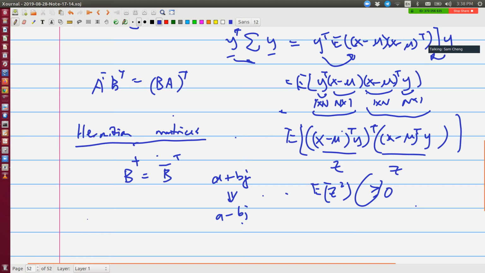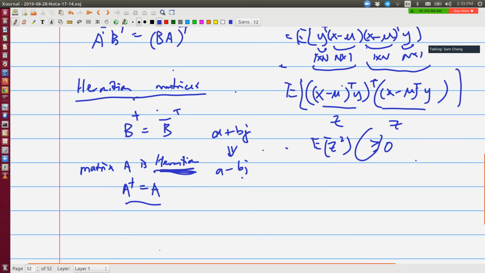And we say a matrix A is Hermitian if the Hermitian of A is equal to itself. That means the complex conjugate and then the transpose is equal to itself. In general, it's not the same, so it's just a property of a matrix. If the matrix is Hermitian, then it satisfies this.